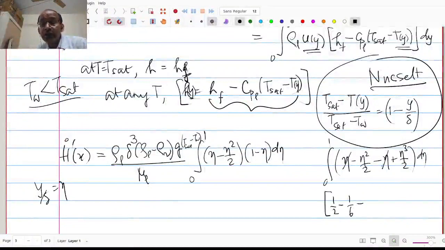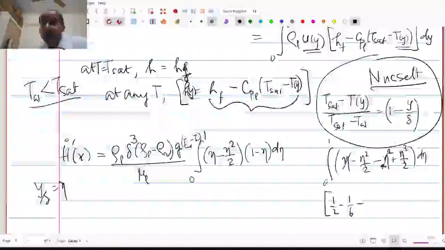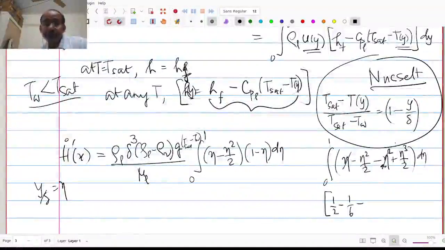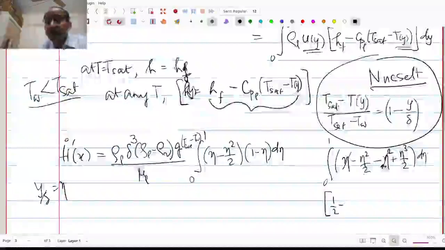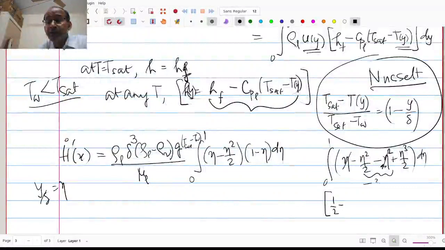Sorry, this should be eta square, right? This is eta square, sorry. I can actually write it more simply. So these two together is minus 3 by 2 eta square.